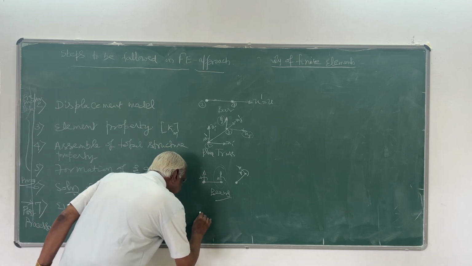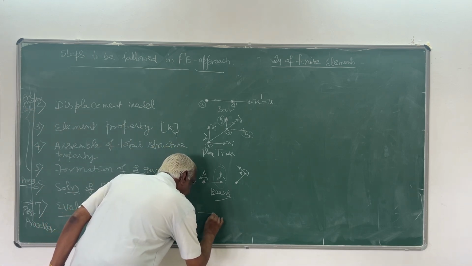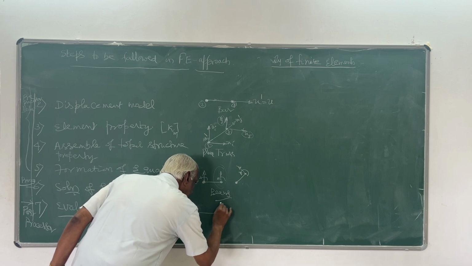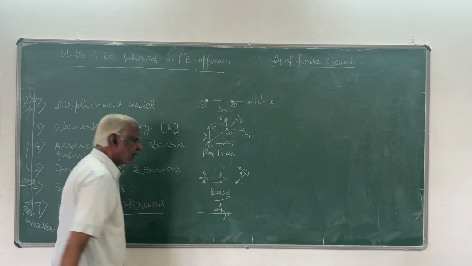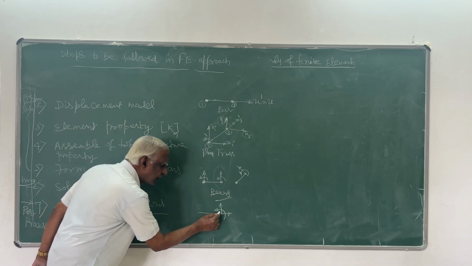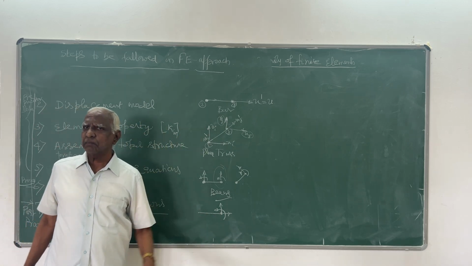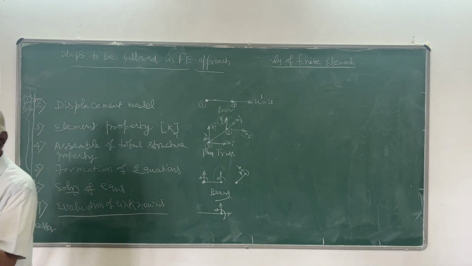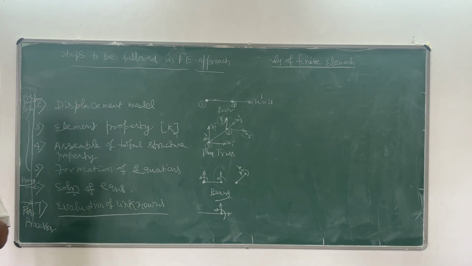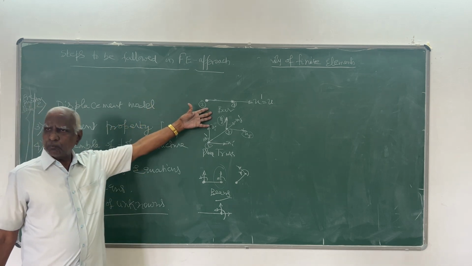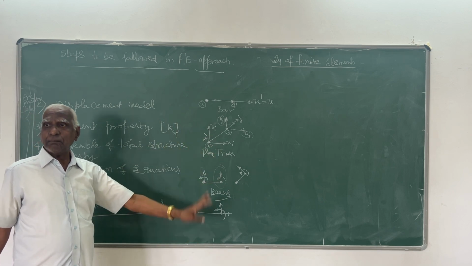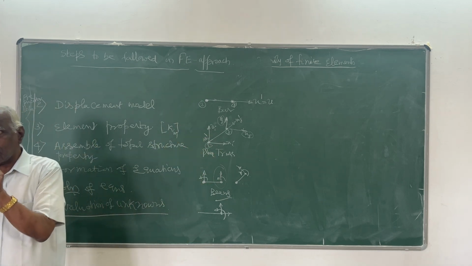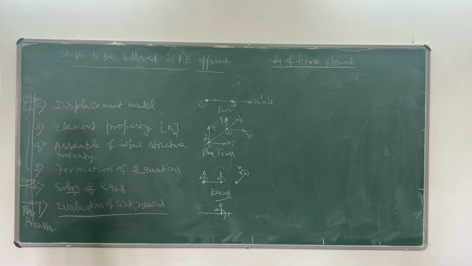Whereas in case of rigid plane frame member, you have all 3. At any node, you have maximum 3 degrees of freedom. That's why the syllabus clearly says maximum 3 degrees of freedom. Bar type, only 1; truss, 2; beam, 2; rigid plane frame, it is 3 degrees of freedom per node, 3 displacements.